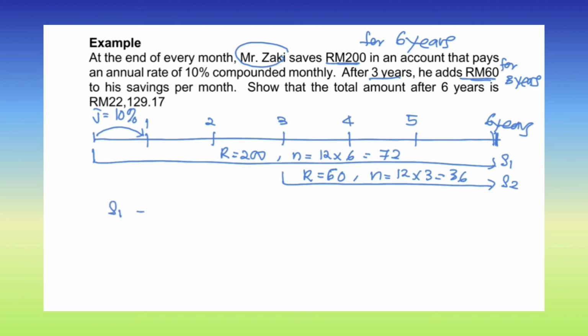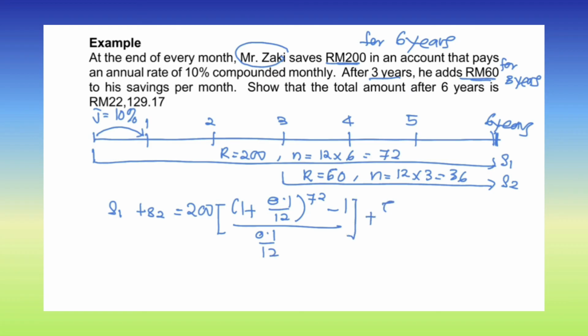S1 plus S2 equal to, for S1, R equal to 200, 1 plus I, 0.1 over 12, N equal to 72 minus 1 over 0.1 over 12, plus S2, 60, 1 plus 0.1 over 12 to the power of 36 minus 1 over 0.1 over 12.